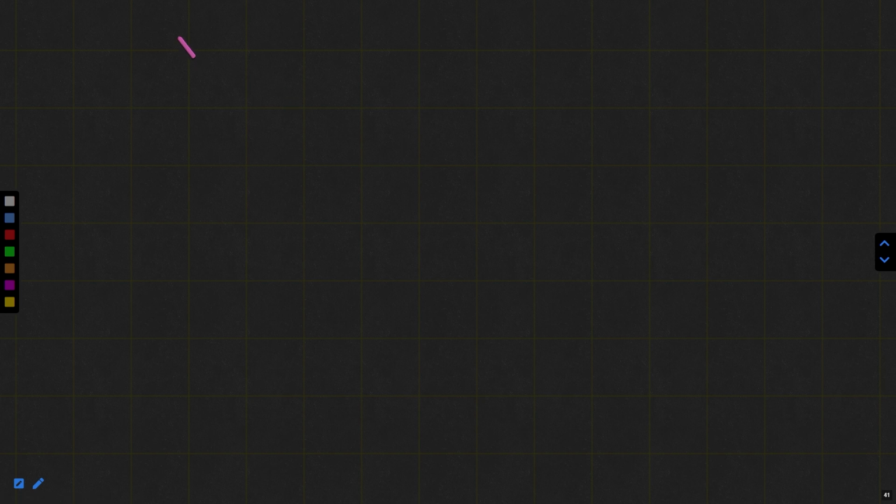Now for cube, the total surface area is equal to 6x square, where x is our side of a cube.